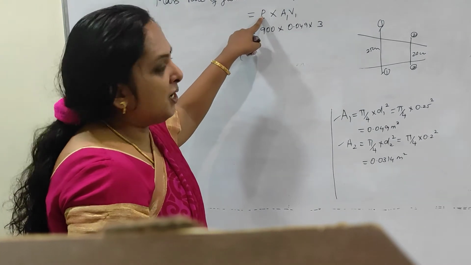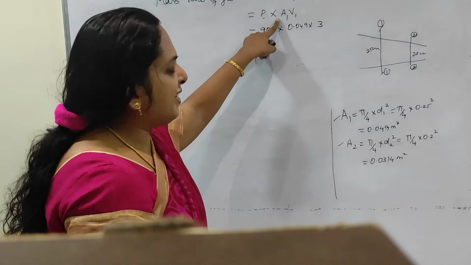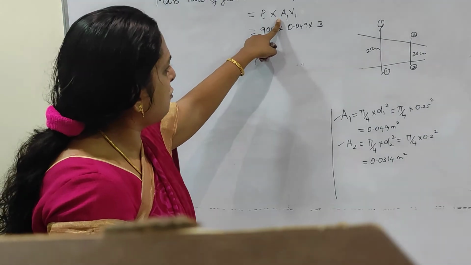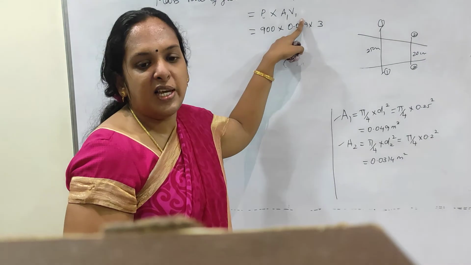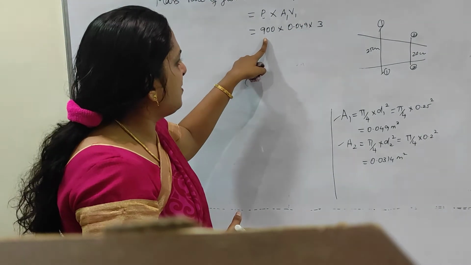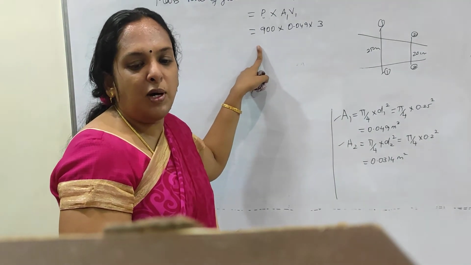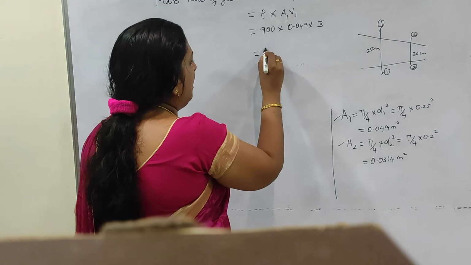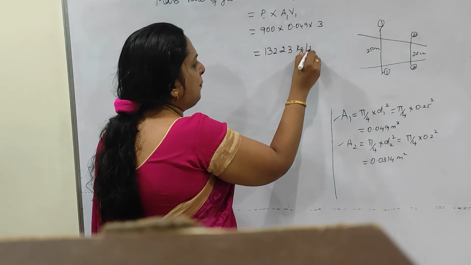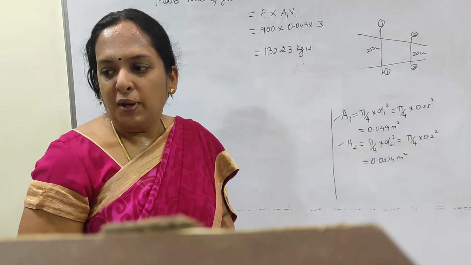It is the mass density rho into Q. Q is my discharge. Since area and velocity of the first section are known, I have discharge A1 V1. So rho is 900. Just now we have found out the density from the specific gravity, and A1 V1 we have substituted here. So what is my mass rate of flow here is 132.23 and its unit is kg per second. Okay, so this is the second thing we are going to get here.